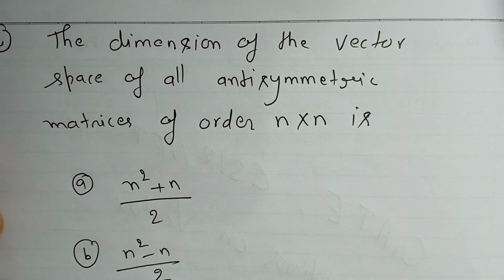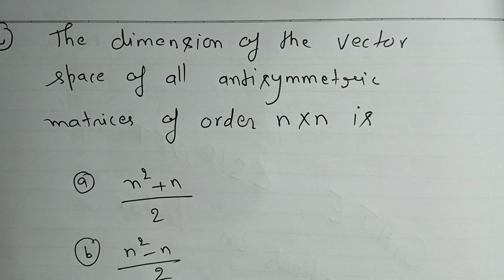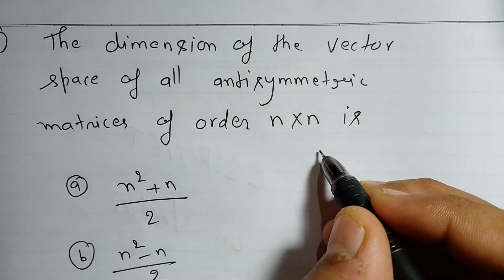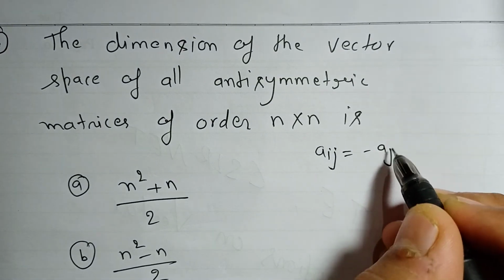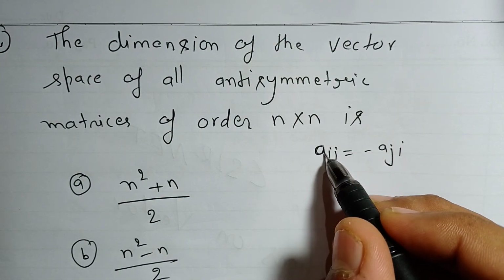The first question is the dimension of the vector space of all antisymmetric matrices of order n. So first you should know what is an antisymmetric matrix. Aij equal to minus Aji. This is your antisymmetric matrix.